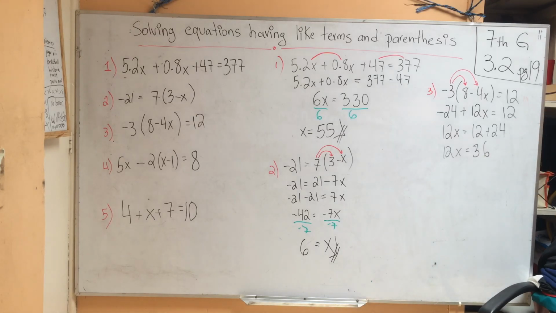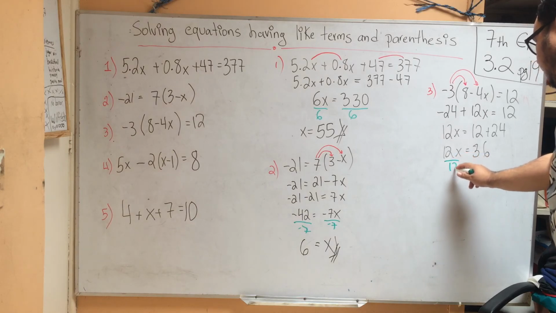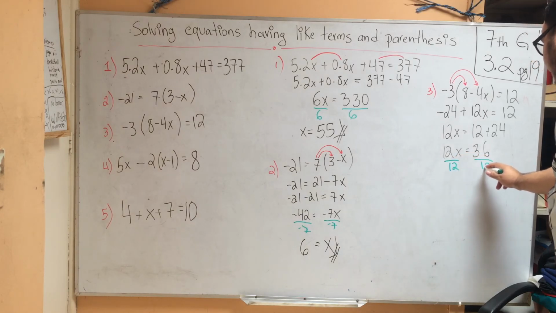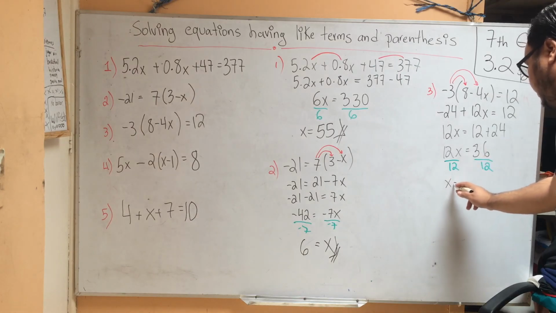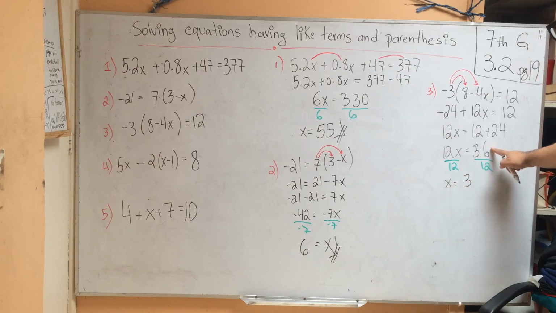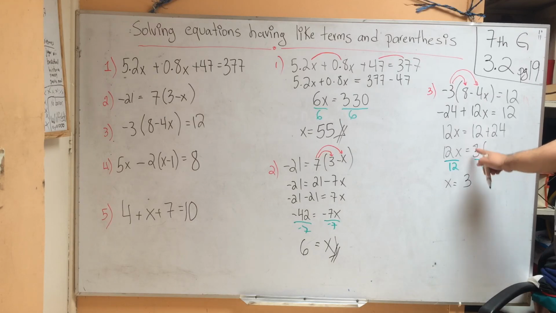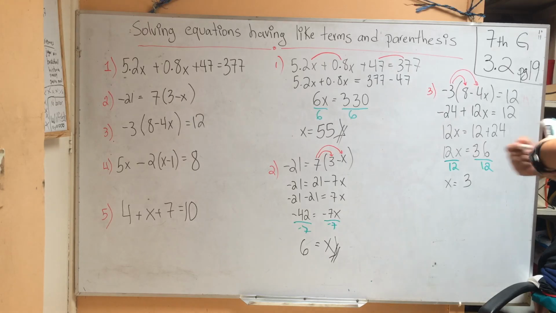Now since we have this 12 with the x, what do we do? Exactly. We divide by 12 on both sides, so that we can leave x by itself. And then we have x equals 36 divided by 12. How many times 12 can we get to 36? 3. And that is our answer.